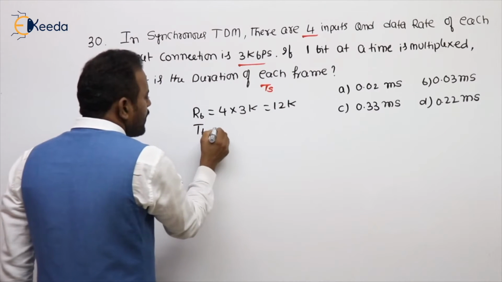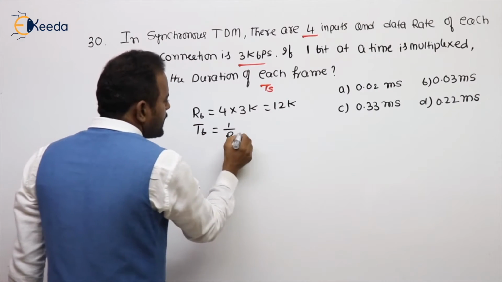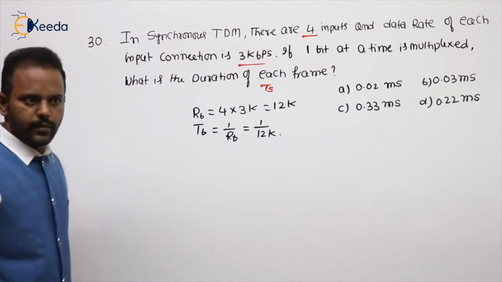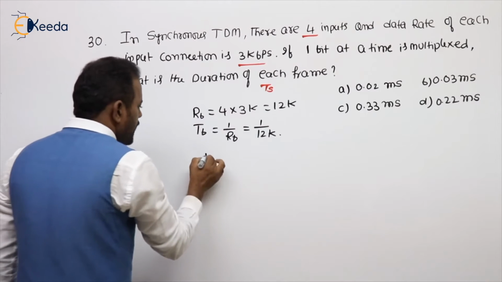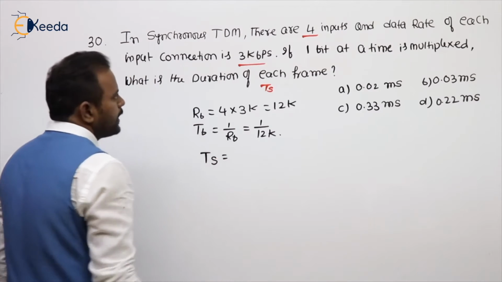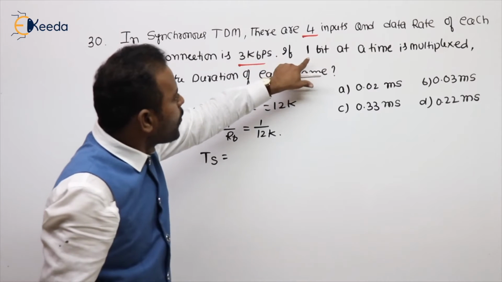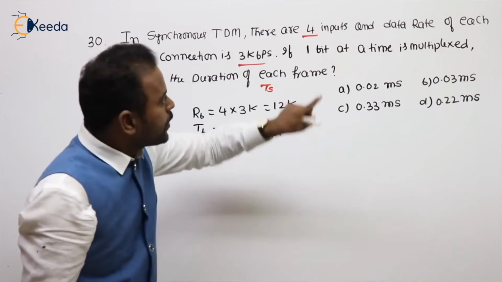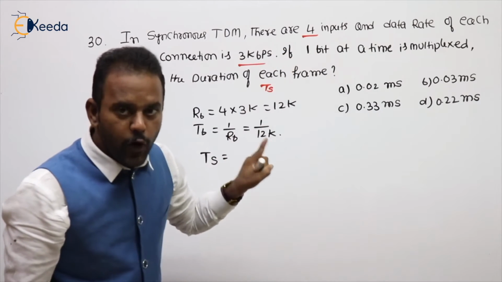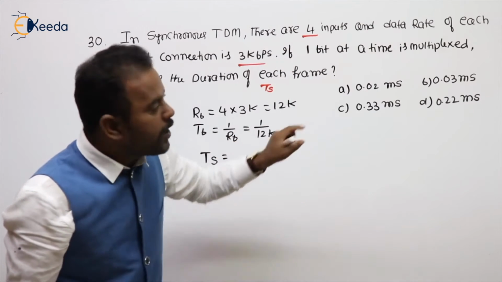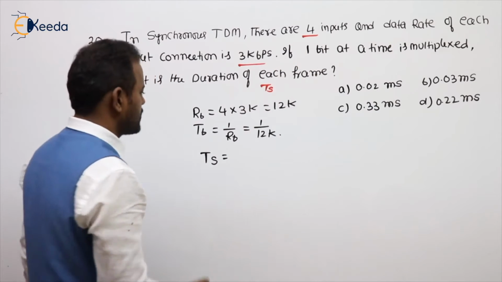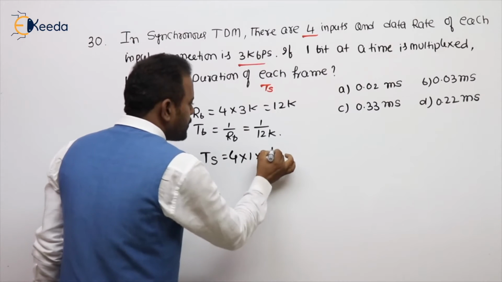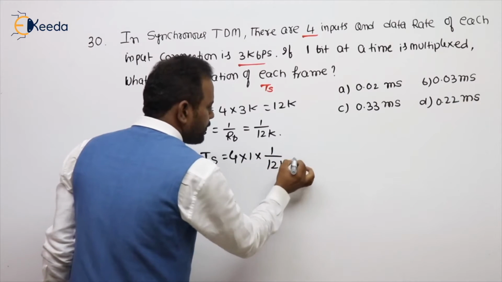What about the TB value, sir? 1 by RB, that is 1 by 12K. What is TS equal to? Here, if 1 bit at a time is multiplexed, one bit only is taken. In total how many inputs are there? 4 inputs. From each one how many are we taking? 1. So from 4 messages we take 1 bit each. Each bit duration is 1 by 12K.